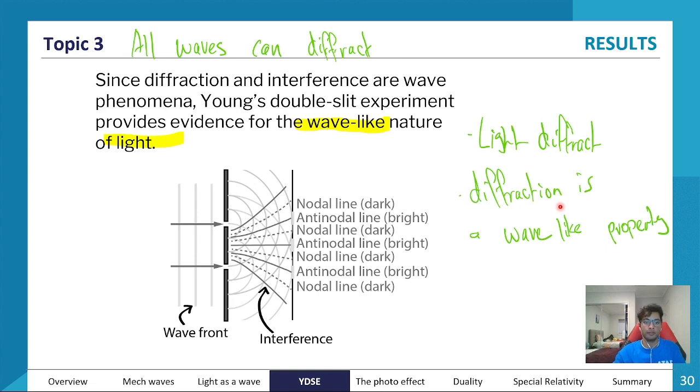You would talk about his results, that his experiment showed that light was diffracting and created an interference pattern with nodes and antinodes, which basically means that light is diffracting, and diffraction is a wave-like property, so light is a wave.